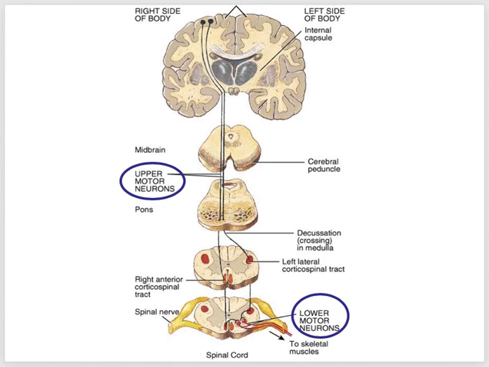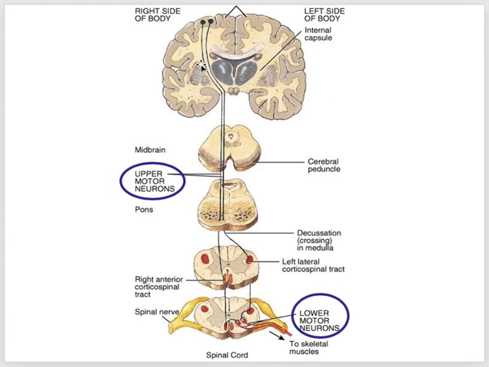So there is a first order neuron, a second order neuron, and a third order neuron. What is the first order neuron? First order neurons basically conduct the impulses from the precentral gyrus, and then they pass through the internal capsule here. I don't know how much you know the names of the brain parts.